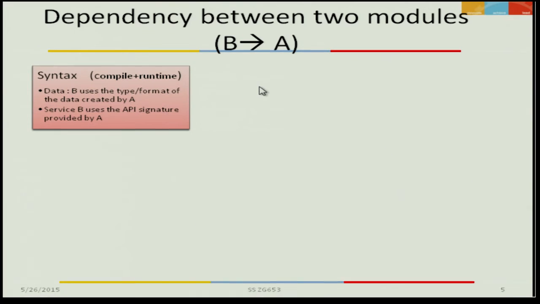One could be the syntax type dependency, which can occur during compile time or runtime, and this can happen at the level of data, or it can happen at the level of service.